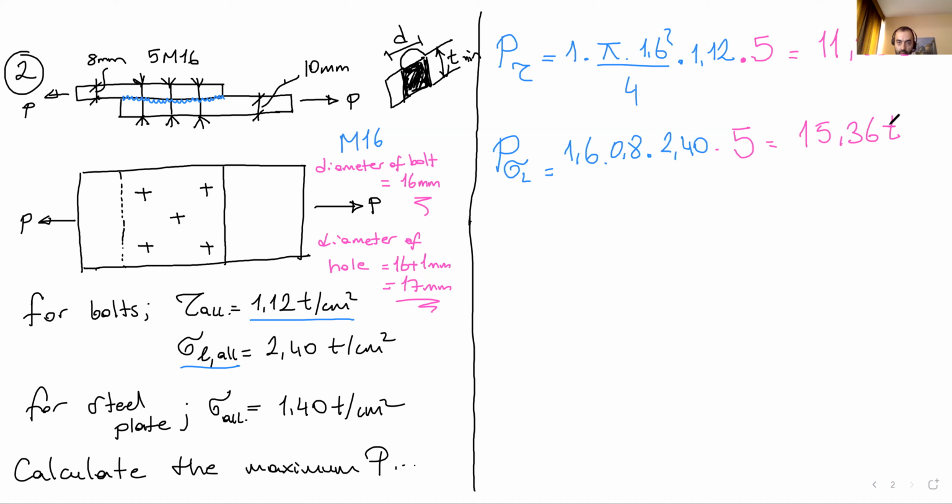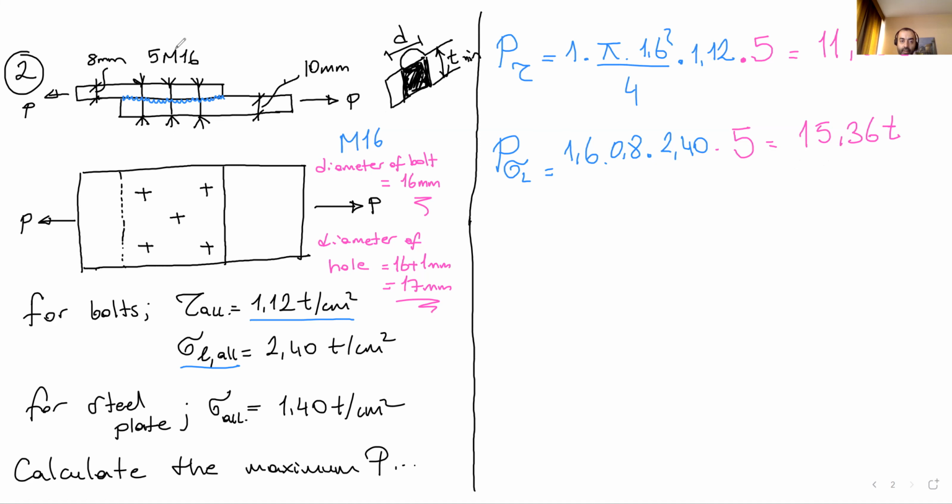Let me do it again. 1.6 squared times P times 5 over 4. Okay, the calculations are right. These are the shear and bearing capacities of the bolt.